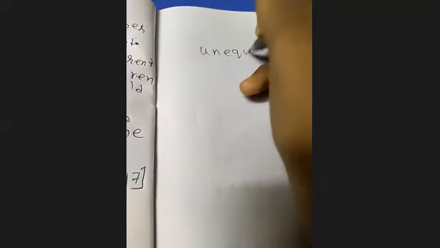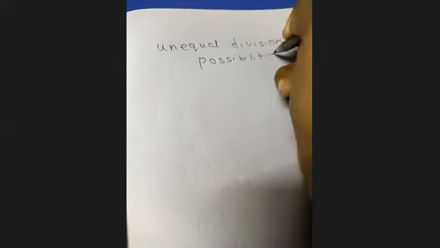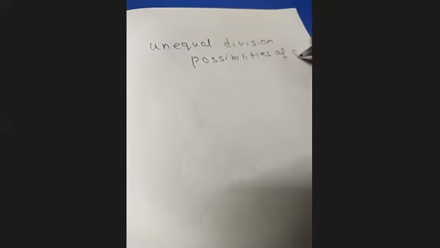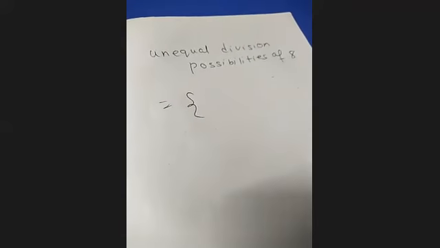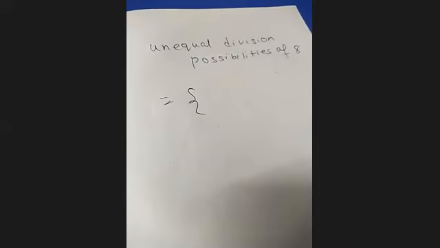Moreover, the number 8 cannot be divided equally in whole numbers by 3. So in that case, what should I do? I should find the unequal division possibilities of 8.